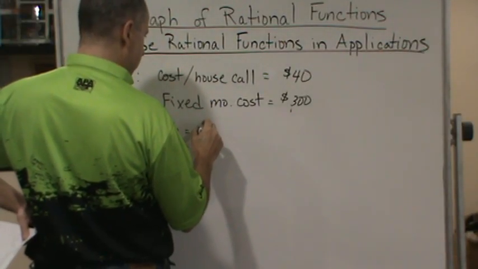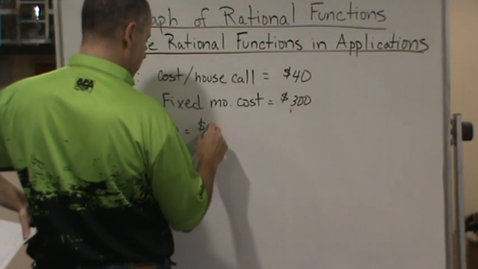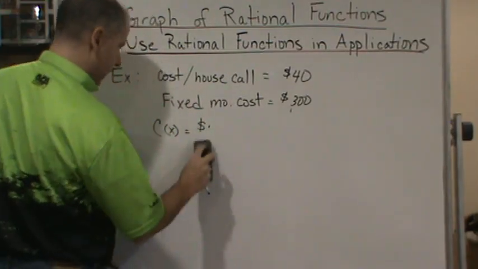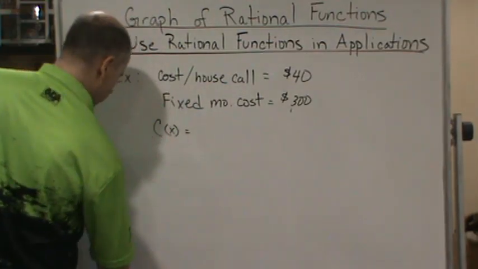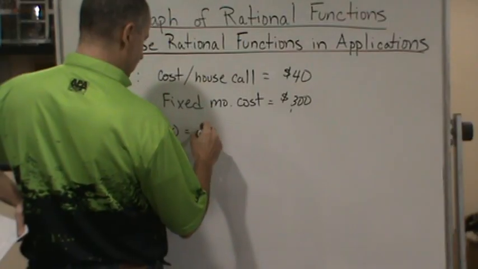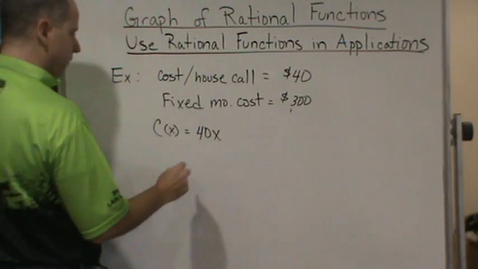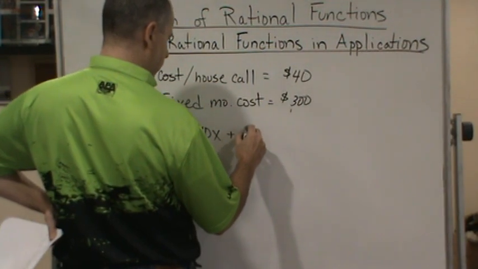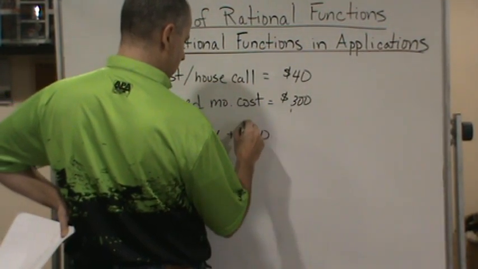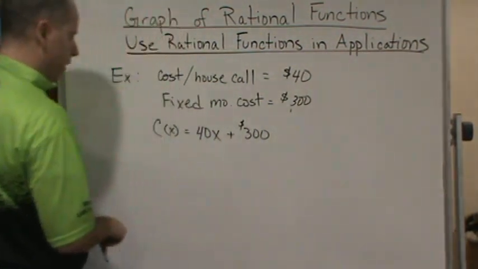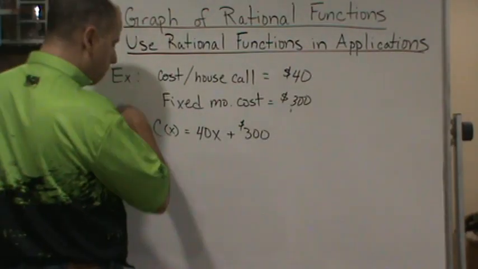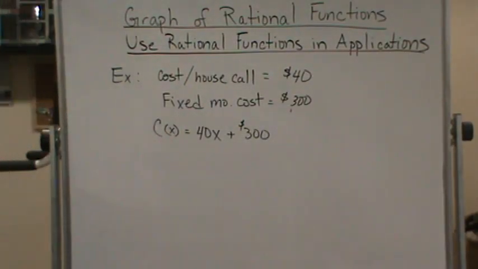And so we're going to represent that as, oops, let's drop the dollar sign for a moment, because we're just using X. So this is going to be 40X plus the fixed cost, which is just $300. So this is the monthly cost, and this is the cost per household.